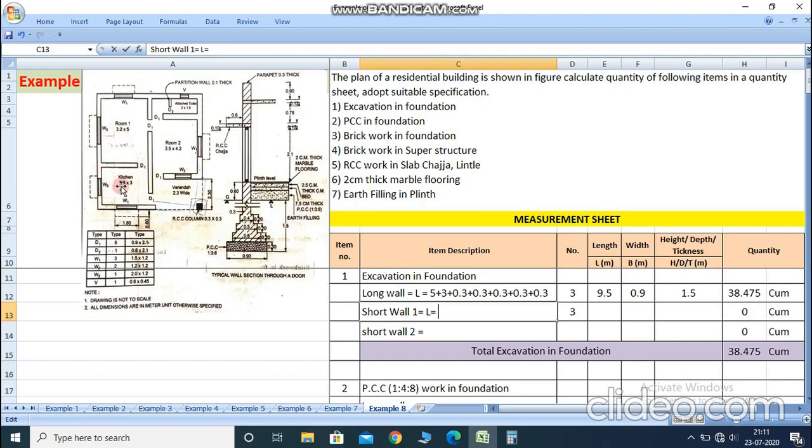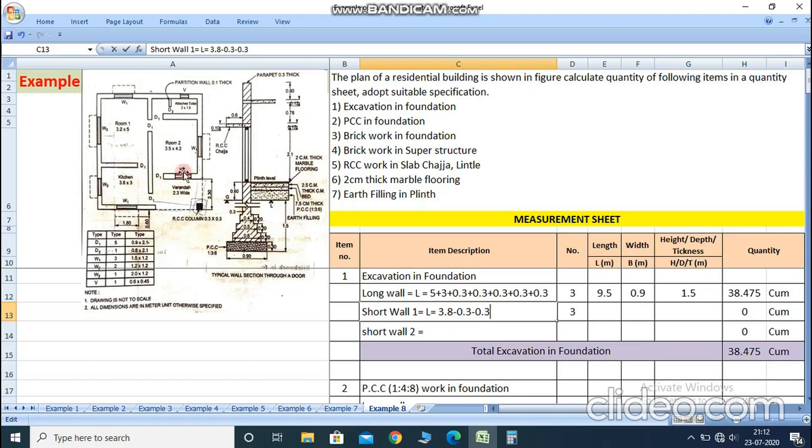So 3.8 minus 0.3 minus 0.3 for both sides, because the width of the excavation is 0.9 meter. For the 0.3 meter wall, 0.9 meter means 0.3 on the left side and 0.3 on the right side, total 0.9 meter width of excavation. This part is already excavated in the long wall.